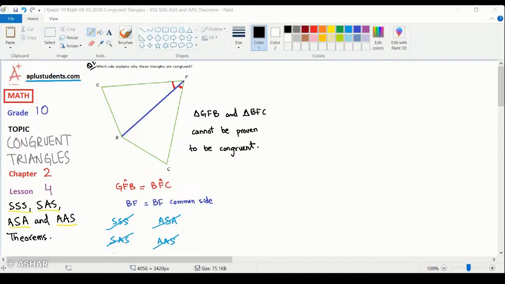Agreed? Because we only had one side and one angle given to us.